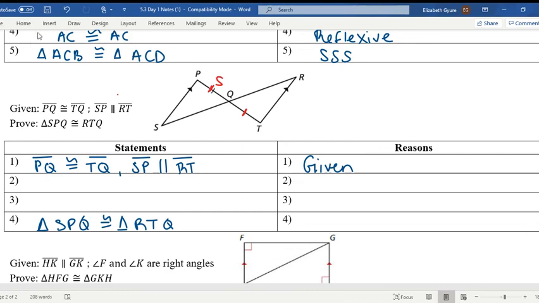And then it gave us that this left and right-hand side are parallel. Think about what we talked about with the one on the front. Parallel lines are good for one thing and one thing only. Does anyone remember what that is? What are parallel lines going to give us?